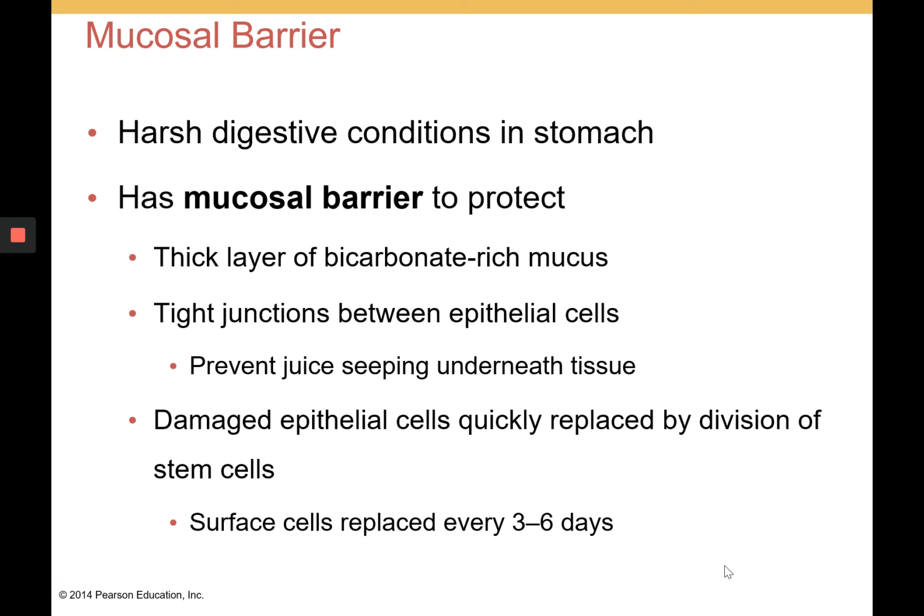But still, the mucosa is damaged over time, and the damaged epithelial cells of the stomach have to be quickly replaced by the division of stem cells that remain at the basal layer of the mucosa. So we replace the surface cells of the stomach every 3 to 6 days because of the harsh digestive conditions in the stomach.